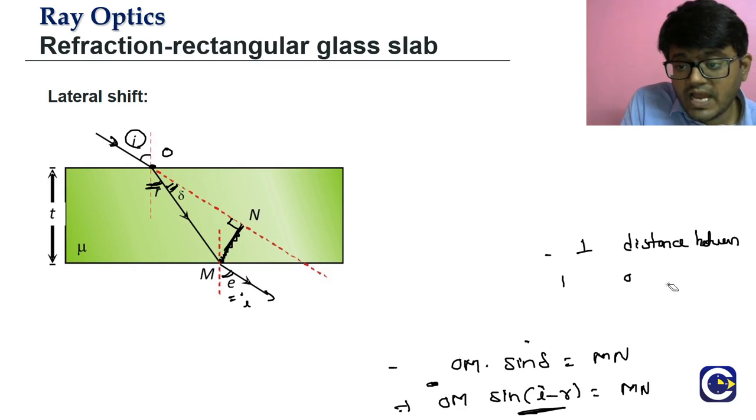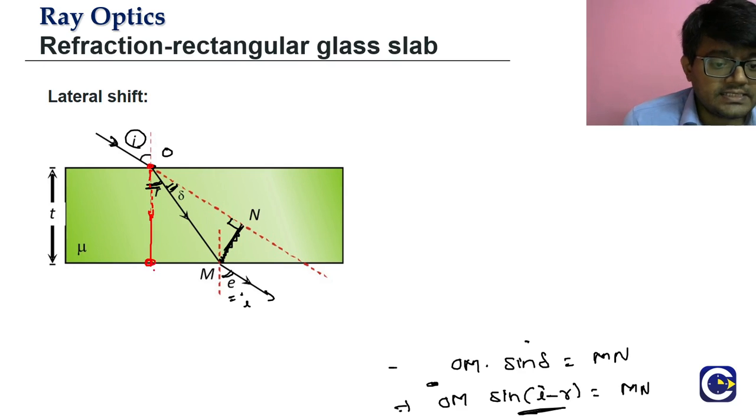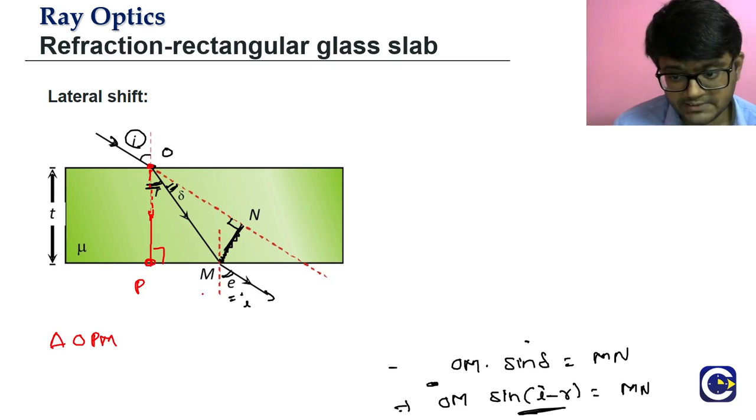For getting the value of OM, we will look at another triangle. If you draw a perpendicular, basically the normal line, we extend the normal line and let us say it touches at a point P. Now look at triangle OPM. This is also a right angle triangle.